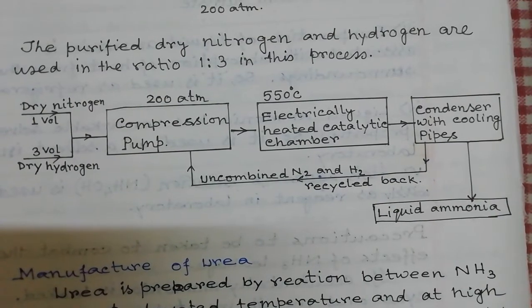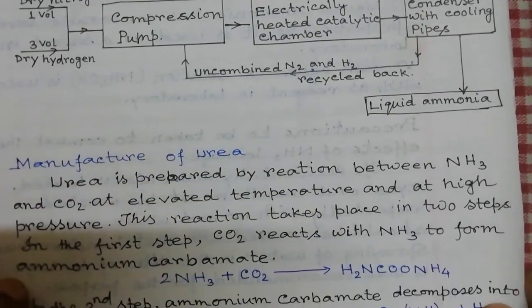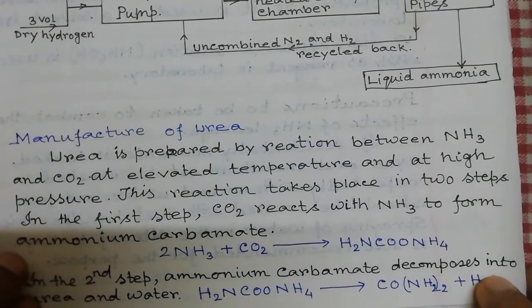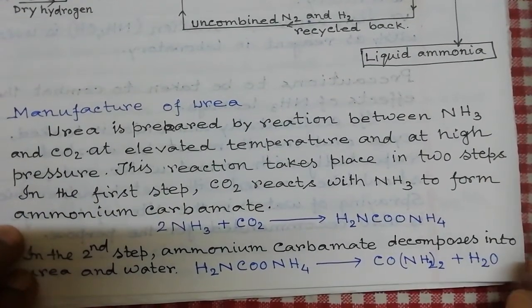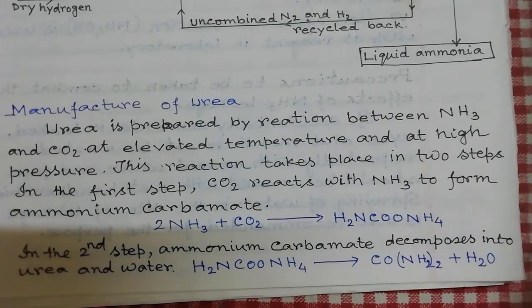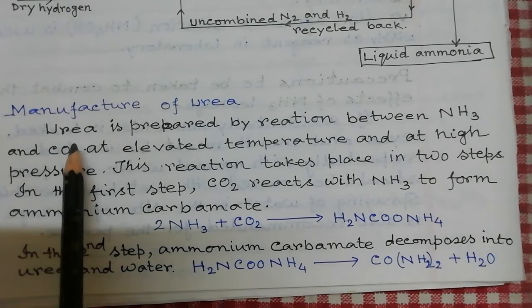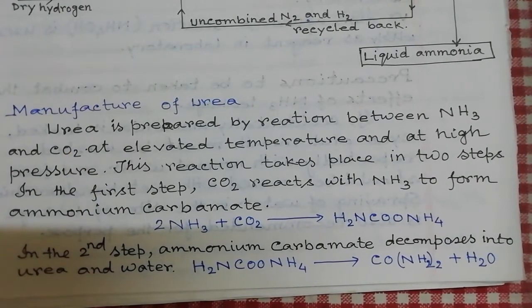Now the manufacture of urea, that means how you prepare urea fertilizer from ammonia. Urea is the first organic compound which was synthesized in the laboratory.